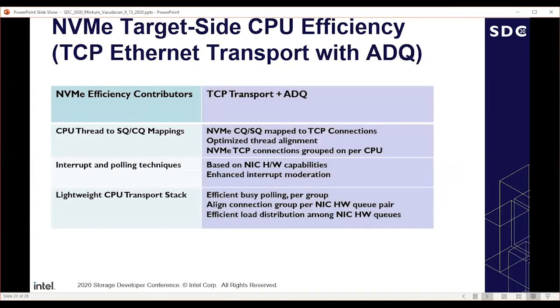So from the NVMe target side, CPU efficiency: with ADQ, what are some of the efficiencies that we have on the target side?